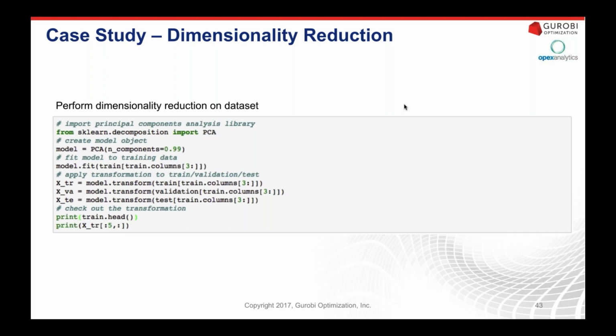So we may use principal components analysis to reduce the dimensionality. The way that principal components analysis works is it's a matrix decomposition technique that tries to create a lower dimensional projection of the input data.